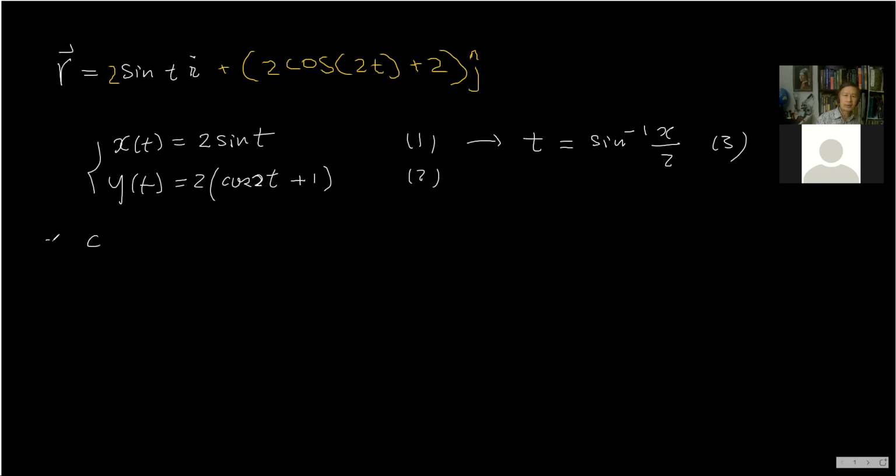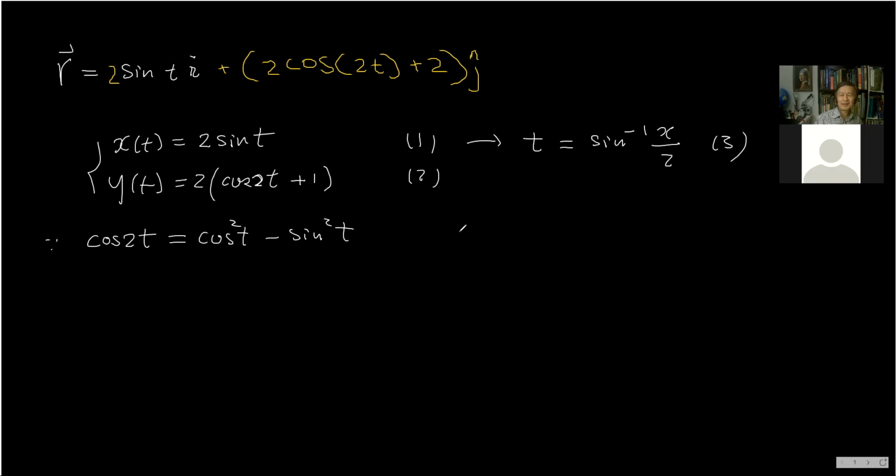Do you remember the trigonometry relation for cosine 2t, equal to cosine squared t minus sine squared t? Do you remember this formula? I think it's in the formula sheet.